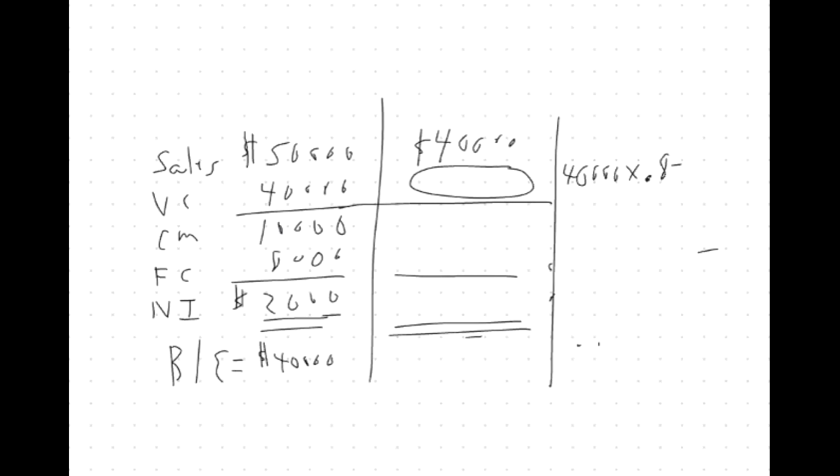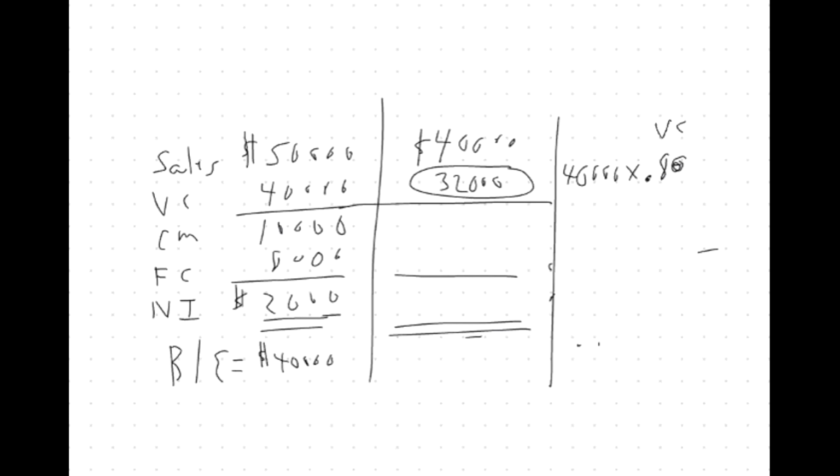So the variable cost, when the sales are 40,000, the variable cost is 32,000 because the variable cost ratio is 0.8. Where did you get the 0.8? We just computed it in the previous whiteboard. It's the variable cost ratio.